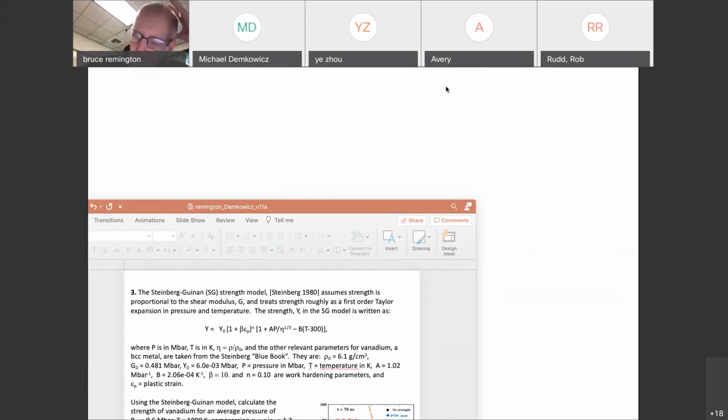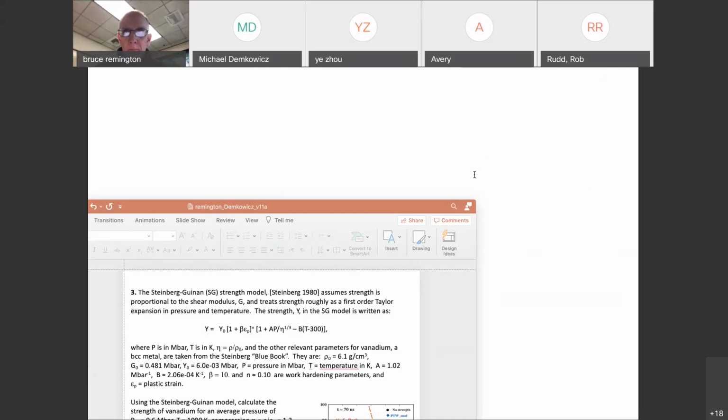However, if we rely on the multiscale strength model, then we can ask, what is the model's opinion of the dislocation density at those conditions? For example, in the 1 megabar tantalum Rayleigh-Taylor experiments that were done at Omega, the multiscale strength model gives a dislocation density that's a few times 10 to the 11 per cubic centimeter.